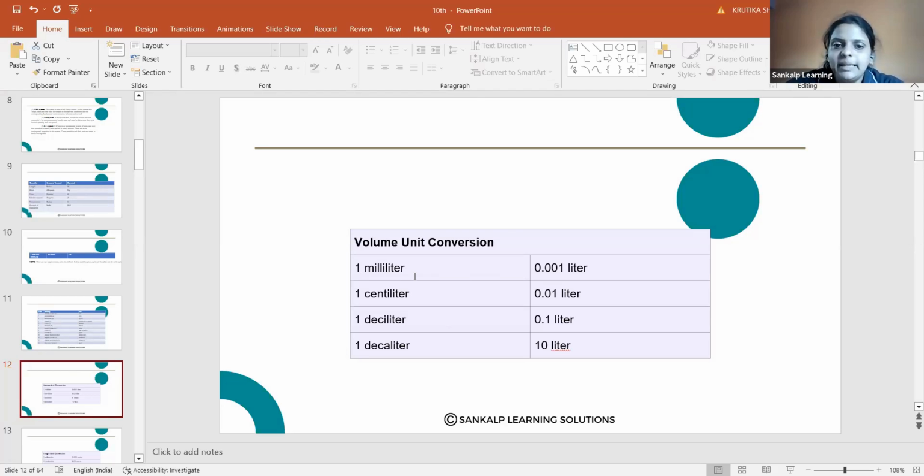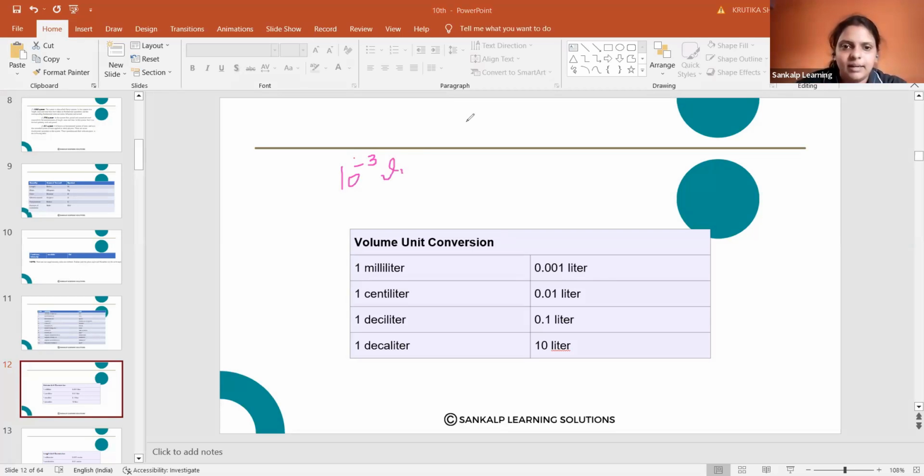1 milliliter is equal to 0.001 liter. How to remember it: milli means a conversion of 10 to the power minus 3 liter.